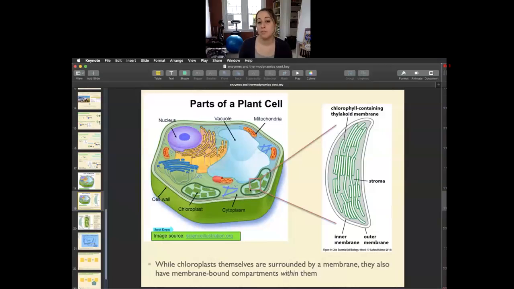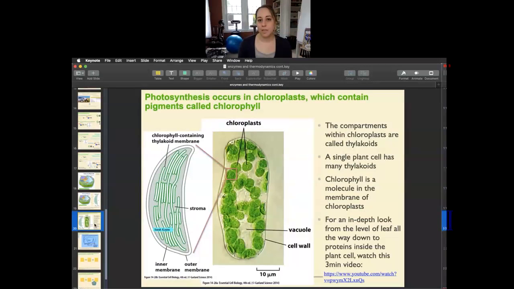The green color comes from the inner membranes. So again, the inner membranes are the ones that contain the chlorophyll, and that's where this whole process is going to start, where we are going to see the absorption of that light energy.